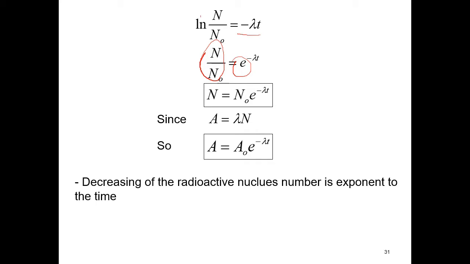By rearranging this formula, making N the subject, N equals N naught e to the negative lambda t.